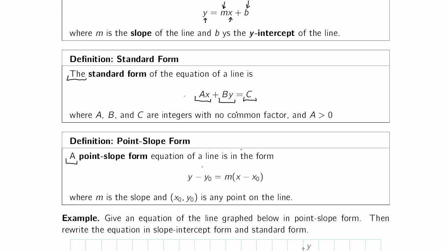So the equation is y minus the given y is the slope times x minus the given x, where we're given an x and y, and we know the slope.